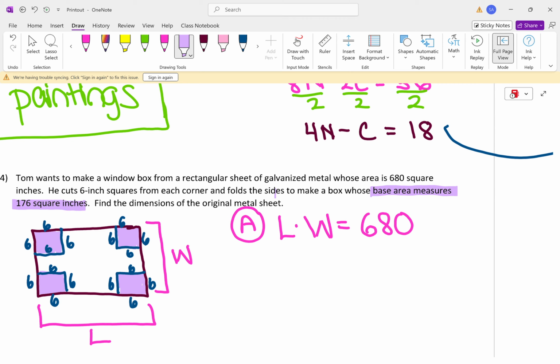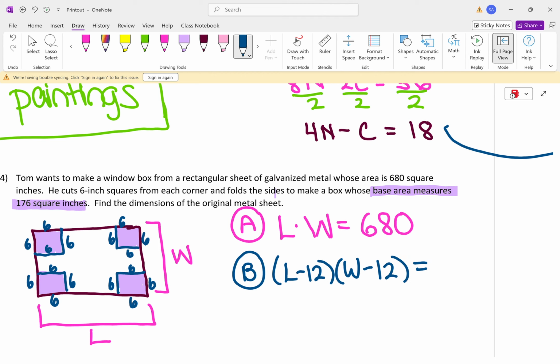Well, the base was the original rectangle, but haven't I cut out? Yes, I've cut out 12 inches from the length, but I've also cut out 12 inches from the width. So now the area of this new base, L minus 12 times W minus 12, you got it, equals the new area, which is 176.